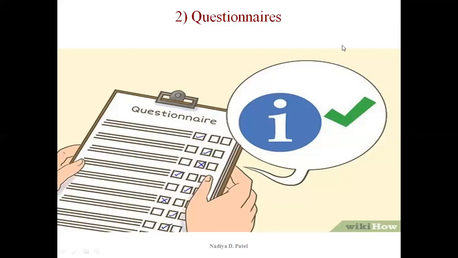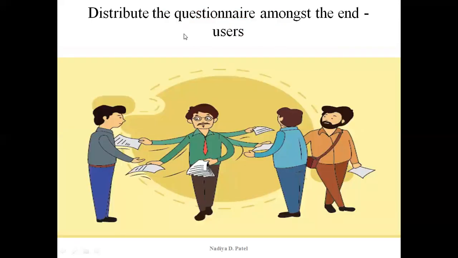Now let us see how exactly this questionnaire works. The term is not question, it is questionnaire, and that means a question bank. Questionnaire means a question bank. So here you are going to distribute the questionnaire among the end users. Now there can be a system which is not going to be used by a single person, but by a group of 10-15 persons.